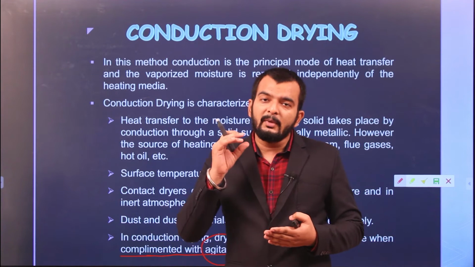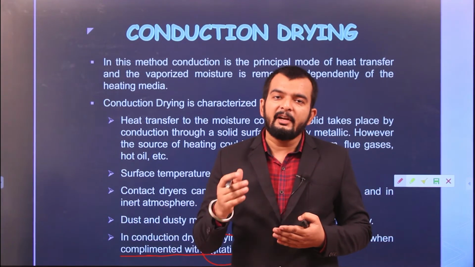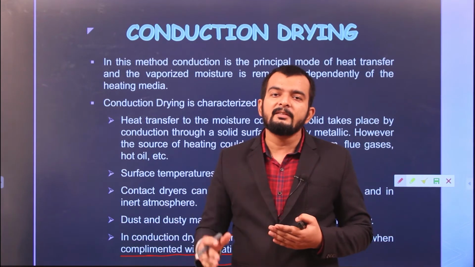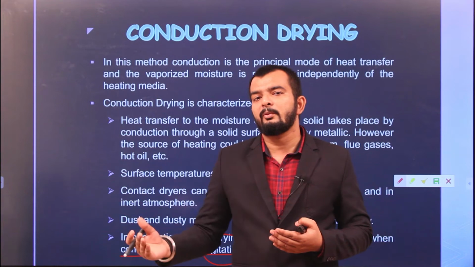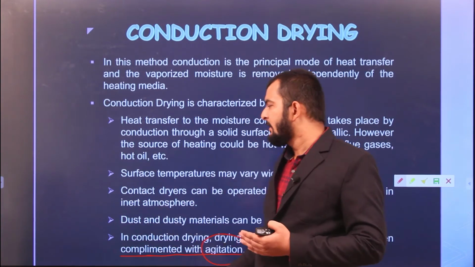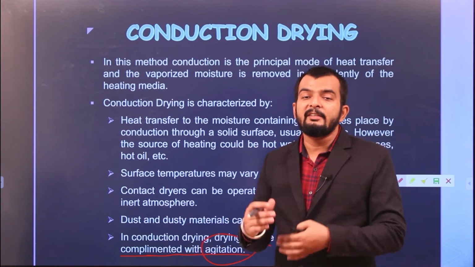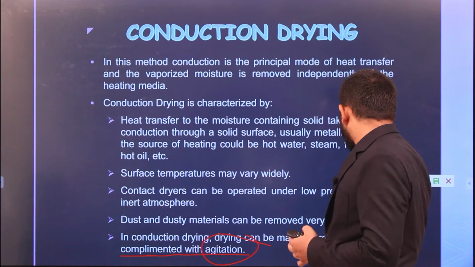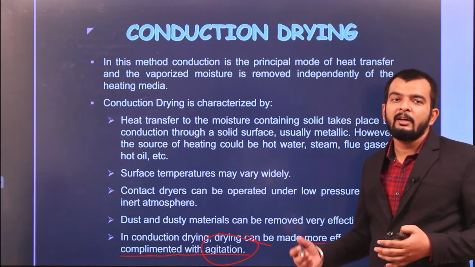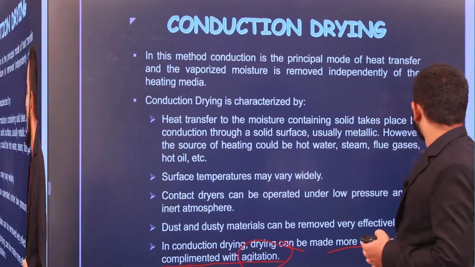So all the grains or the food material particles will be heated equally. The temperature will rise more effectively, and hence the moisture migration will also take place more efficiently. So when this process is complemented with agitation, that is thorough mixing of the grains, the efficiency can be increased. The effective rate of drying can be enhanced.